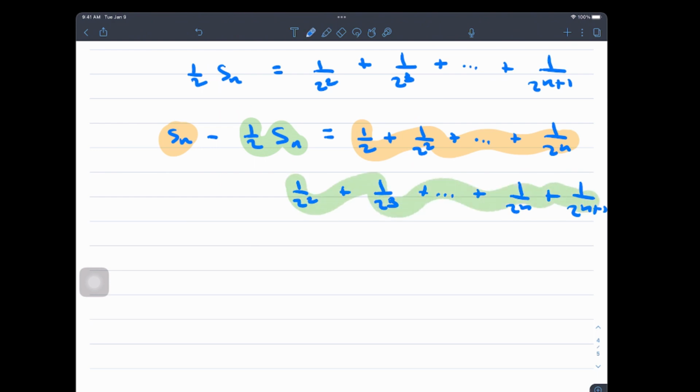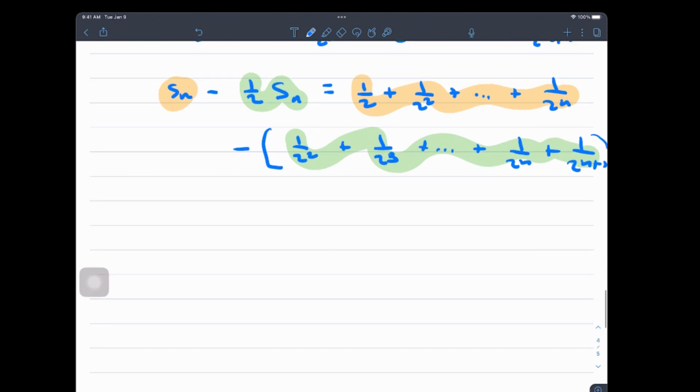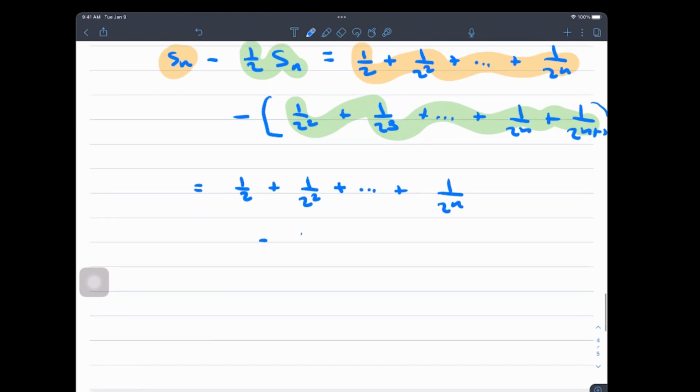Now, if we take this difference, notice what this gives us. This gives us 1/2 plus 1 over 2 squared up to 1 over 2 to the n, minus 1 over 2 squared, minus 1 over 2 cubed, all the way up to minus 1 over 2 to the n, minus 1 over 2 to the n plus 1.